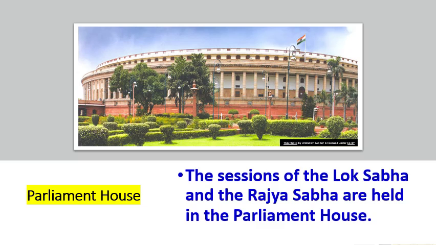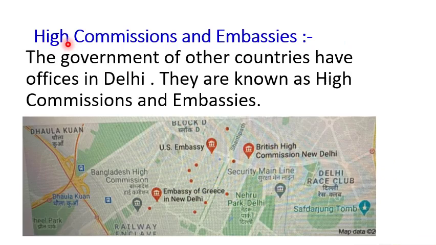High commissions and embassies. The governments of other countries have offices in Delhi. They are known as high commissions and embassies. Did you understand the meaning of high commissions and embassies?